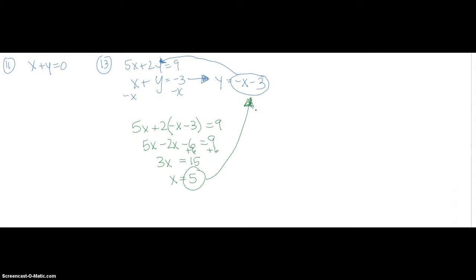So if we take x, which is 5, and plug it in, we get y equals negative 5 minus 3. And so that's y equals negative 8, because negative 5 plus a negative 3. So if you write it as a coordinate, you have 5 comma negative 8. Questions on that one?